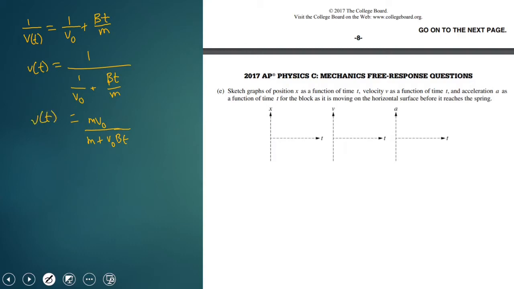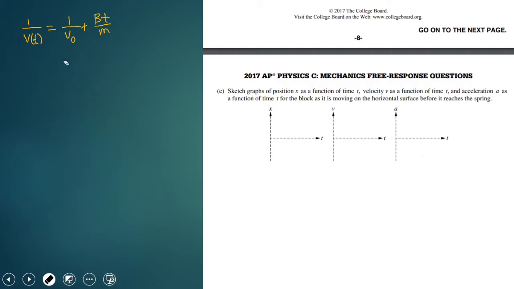And so what we notice is that we start off at a velocity v naught, and then as t increases, our velocity function will decrease. And so we get an approximate model like so, where we start at our velocity and it decreases drastically and approaches a value because of the resistive force that changes as a function of velocity. So you could do this mathematically and get the relationship, or you could just think about it conceptually as to how exactly the velocity function would change.